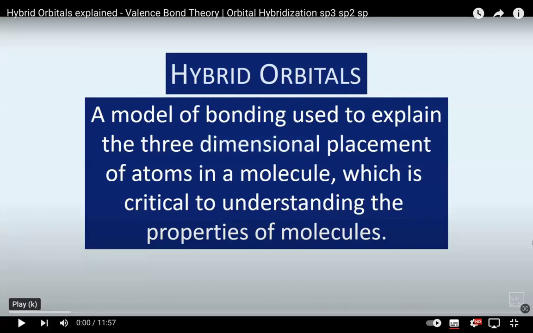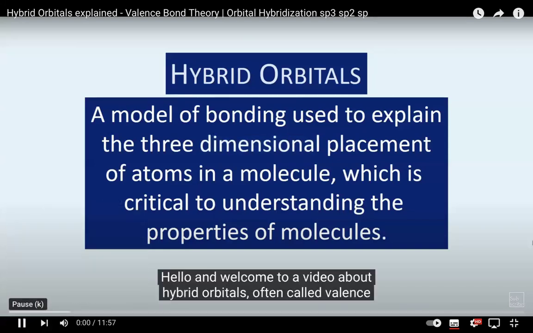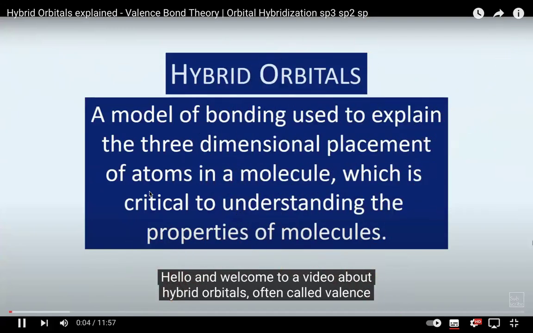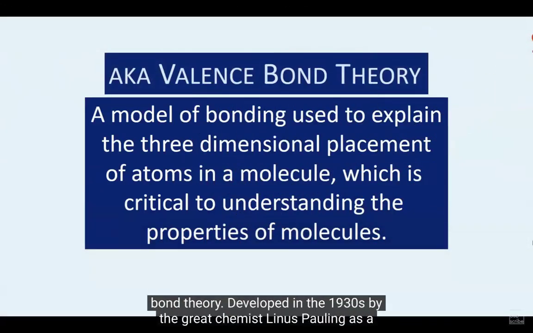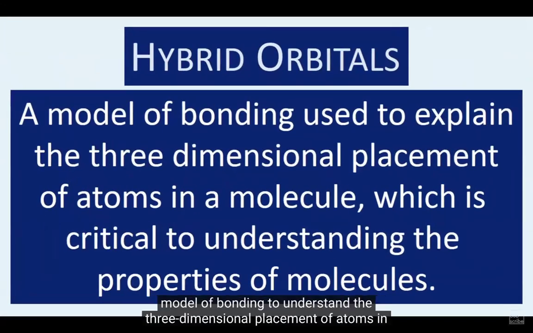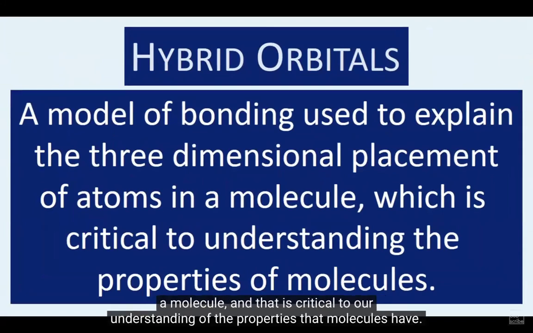Hello, and welcome to a video about hybrid orbitals, often called valence bond theory, developed in the 1930s by the great chemist Linus Pauling as a model of bonding to understand the three-dimensional placement of atoms in a molecule, and that is critical to our understanding of the properties that molecules have.